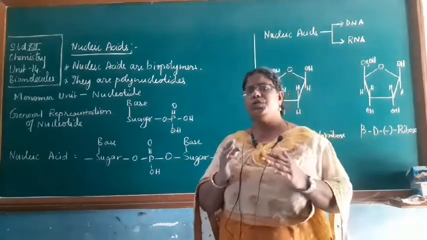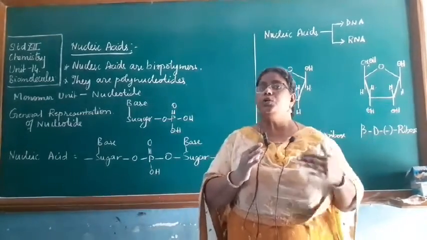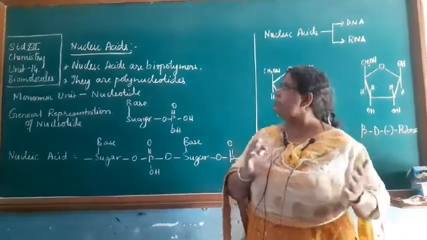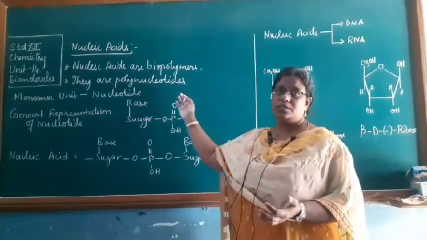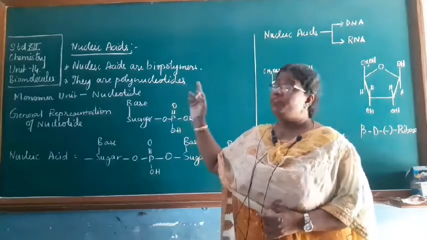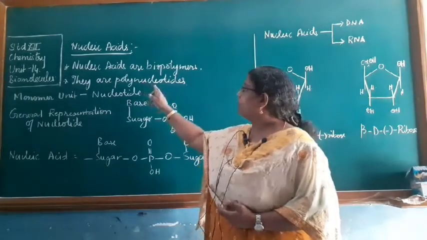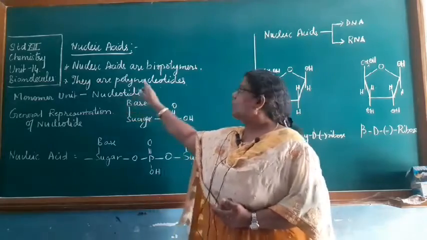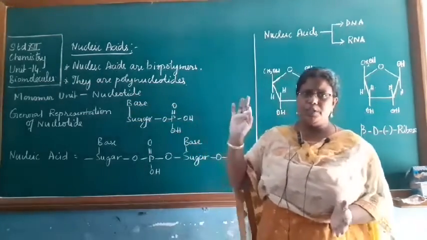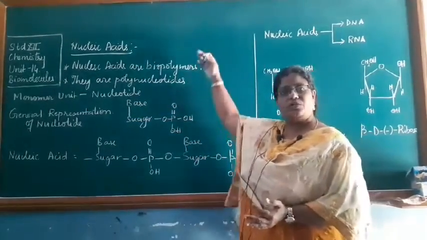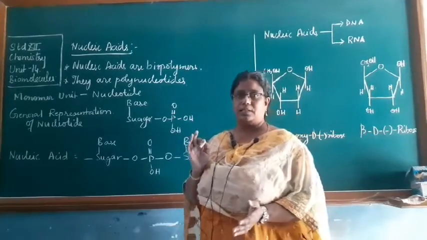A number of CH2 molecules are added to obtain polythene. Similarly, here also this is a biopolymer where the monomer unit is the nucleotide, and many nucleotides together form the polynucleotide, which is called the nucleic acid.